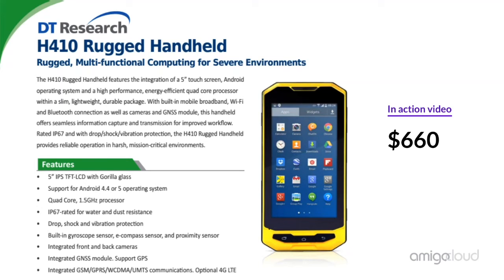But at the core, it's basically another Android device. The point being that if you need a non-rugged Android device, you can get one really cheap. If you want it to be rugged and be able to drop it, you can get one a little more expensive. But the options exist out there.